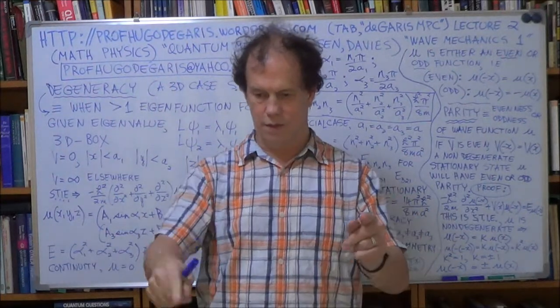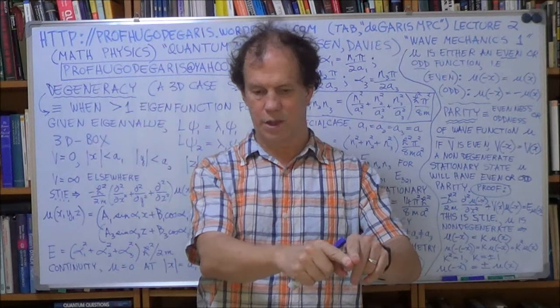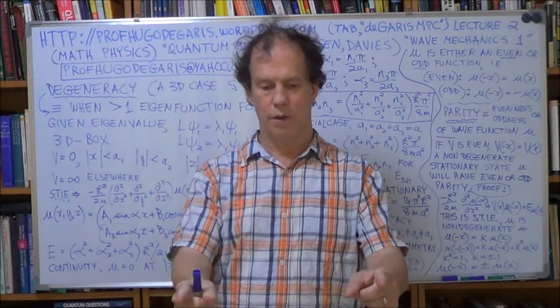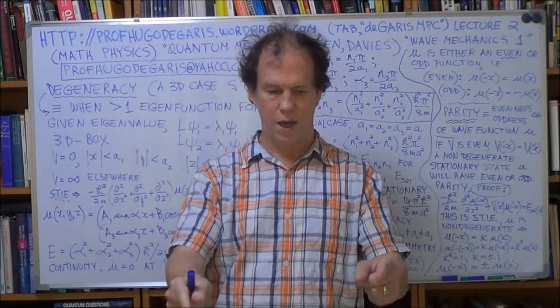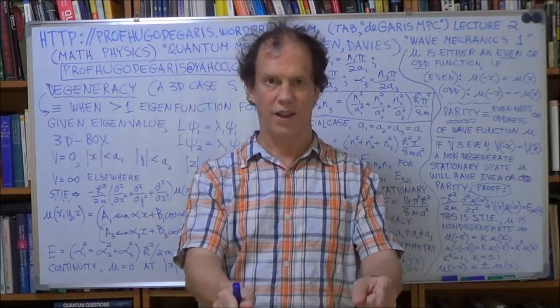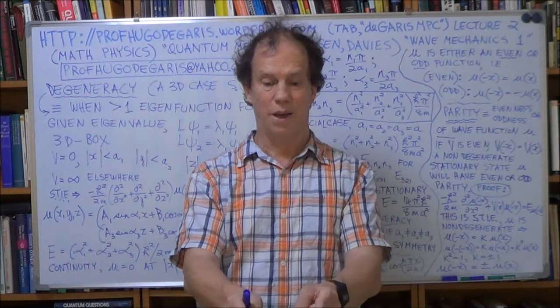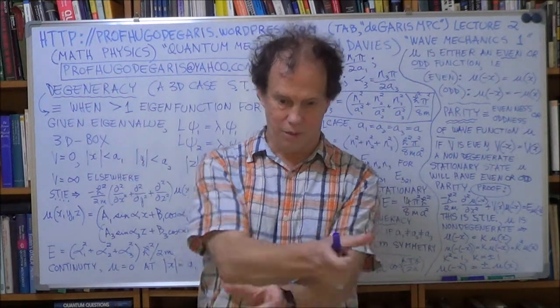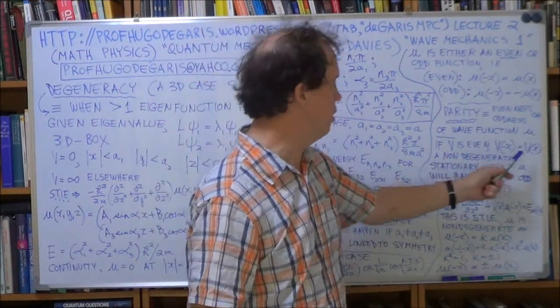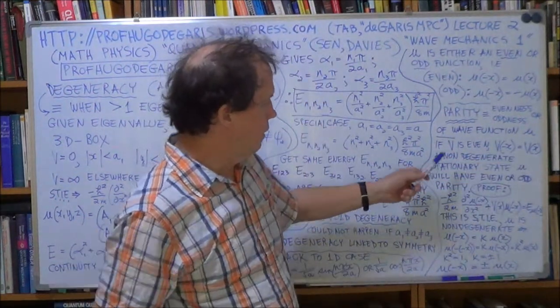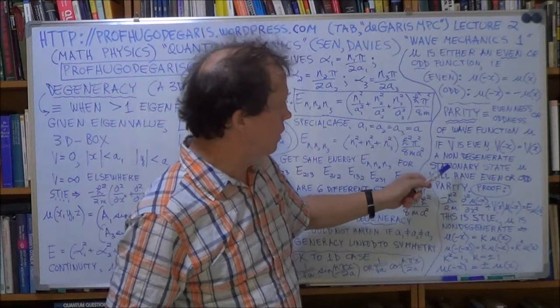Here's your x-axis and a and minus a, and the potential was just 0 over that range, and it was 0 at a and at minus a. It was 0 at half a and at minus half a, and so on. It was symmetric.